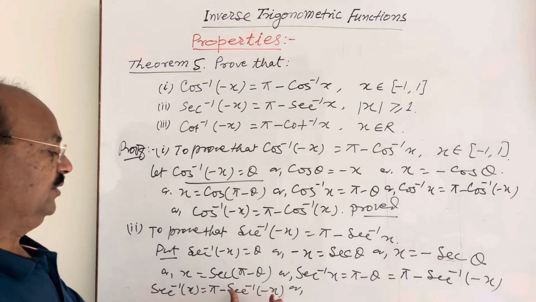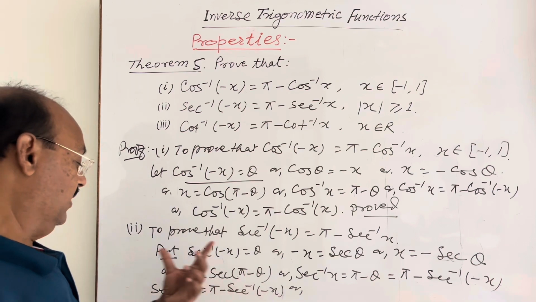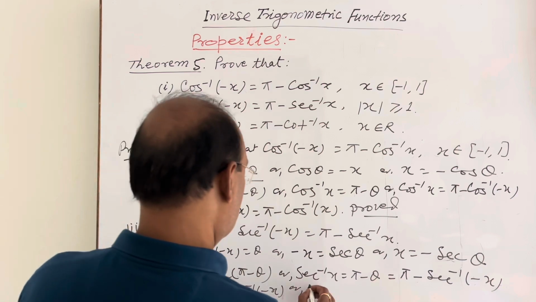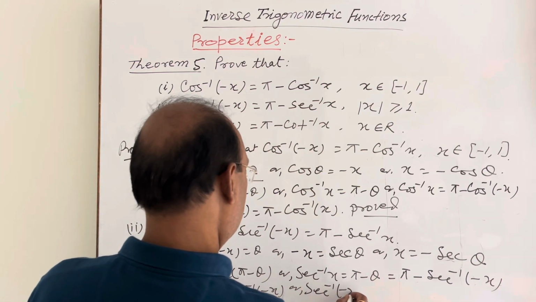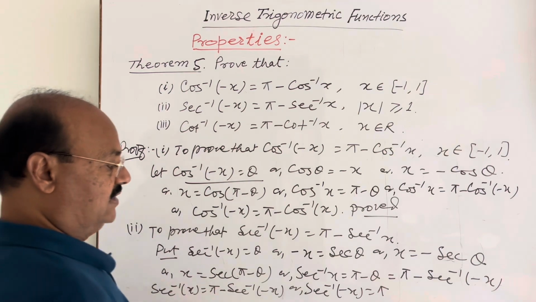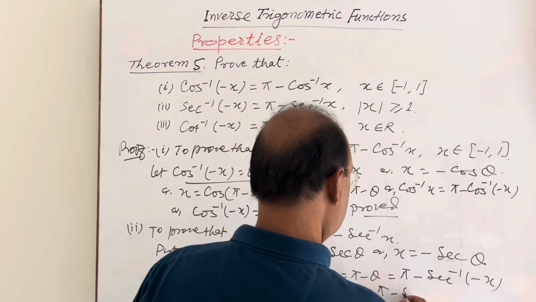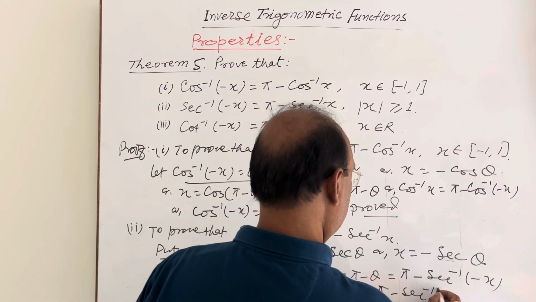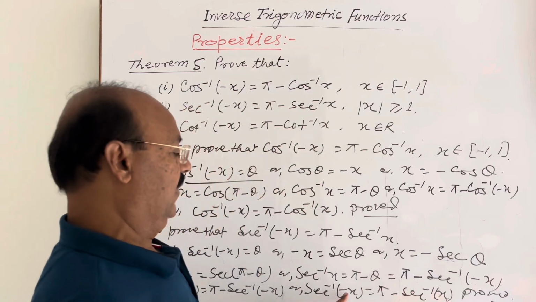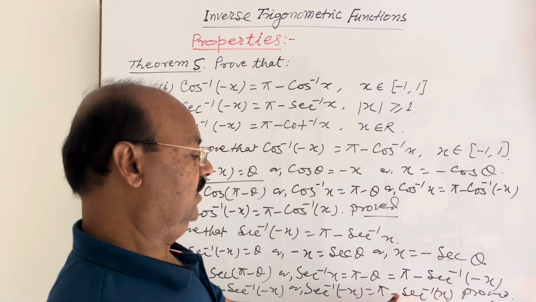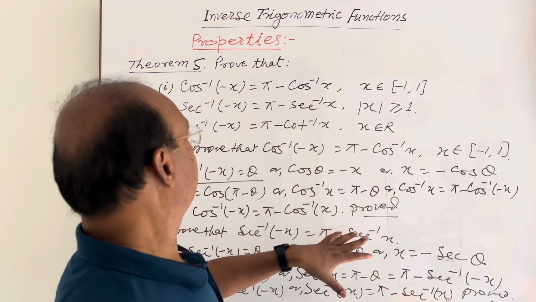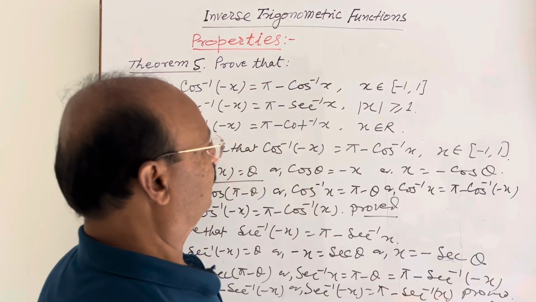Transposing minus sec inverse of minus x to the left side and sec inverse x to the right side, you will get the result: sec inverse of minus x is equal to pi minus sec inverse x. So it has been proved. Here the minus is coming out and we are getting one pi. So the pattern is exactly similar. I am leaving this third part for your practice.